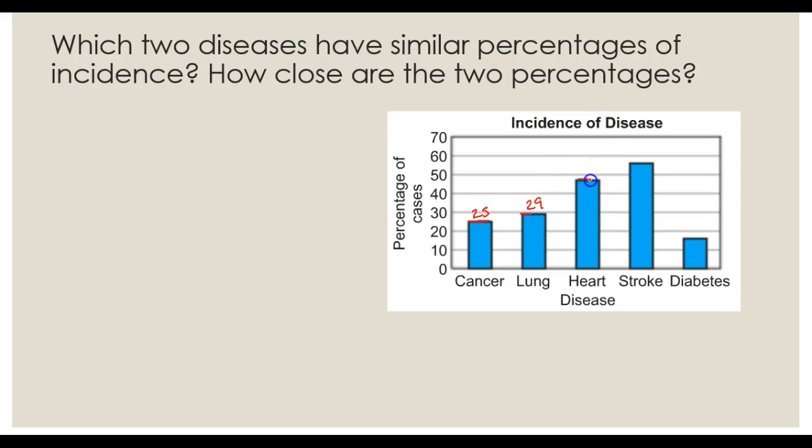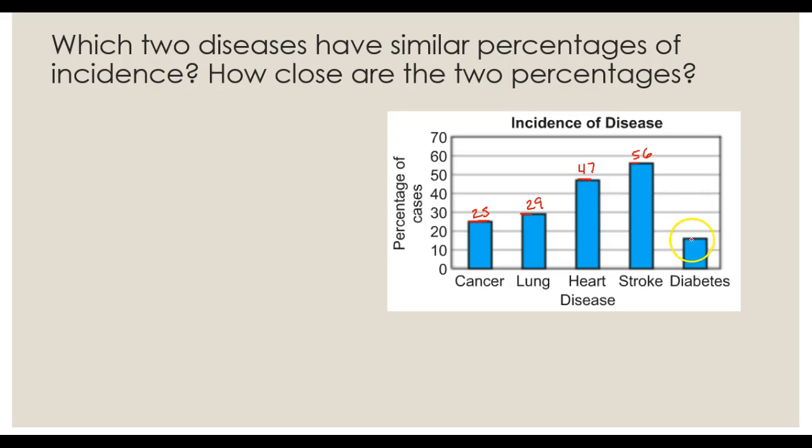This one is really close to 50, but not quite there, so maybe 47%. And this one is not quite as close, so that might be 56%. And if you said that was 48 and 57, I wouldn't fault you on that.